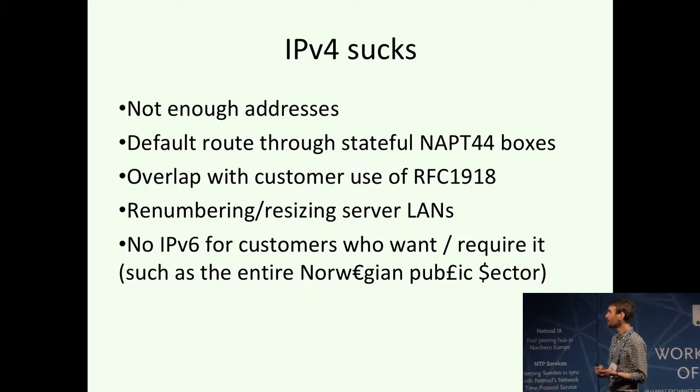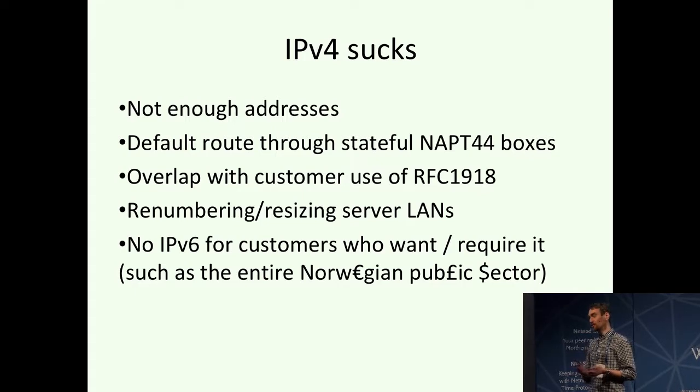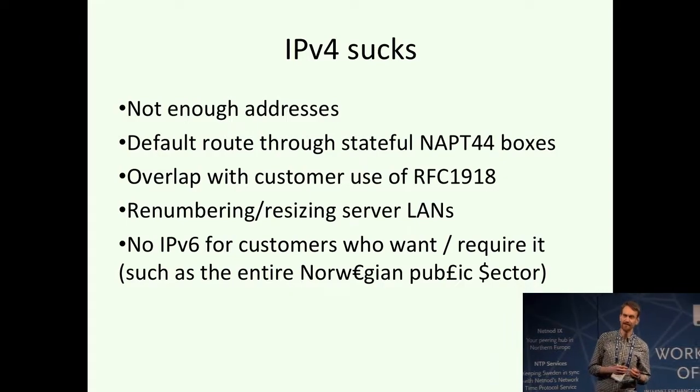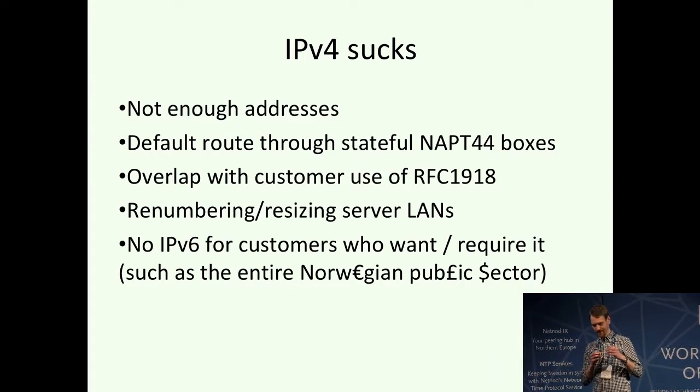It doesn't work. So you can do NAT. If you do NAT, that has the disadvantage that you have to put a default route in your network that points to the stateful NAT device, because otherwise it won't work. And you need to make sure that the traffic goes across that same NAT device in both directions.